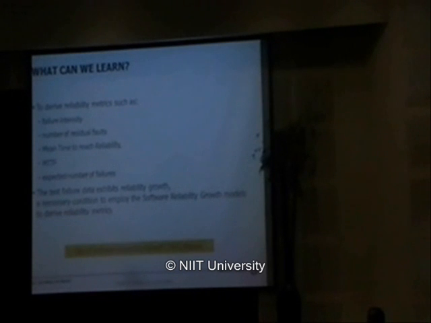Okay. Now lastly, we use the growth models. And here we're going to get metrics like, I went through some of this, like the failure intensity, number of remaining faults, and so forth. So I'll show you the results from that. But the thing to remember is you can only use these models when you have reliability growth.